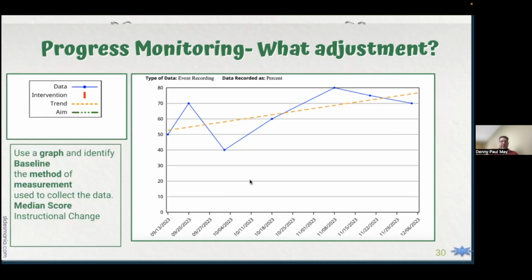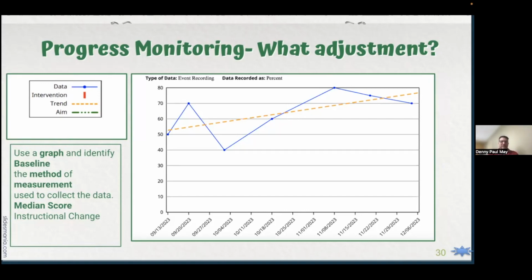Now we got another one here, and we can see that this student, although they dip below around 10.4, 2023, we can see that they're trending toward reaching that goal, right? We're trying to get to, looks like the aim line's not in there. And so that trend line though is showing us that student is making progress.